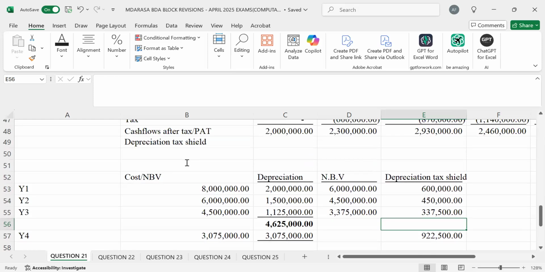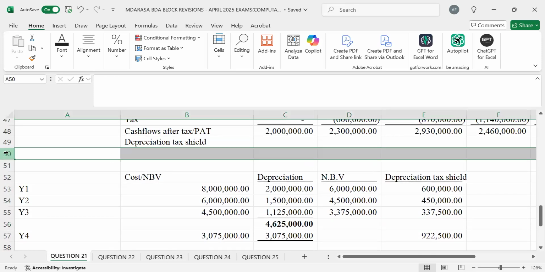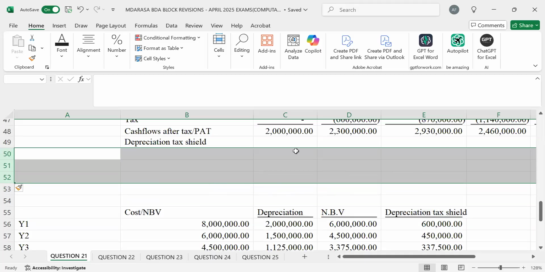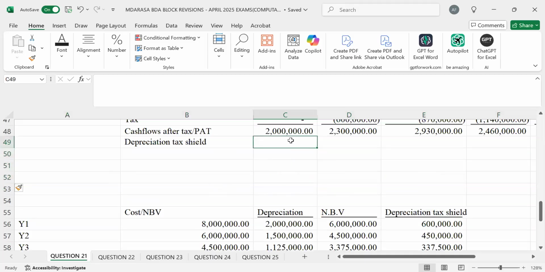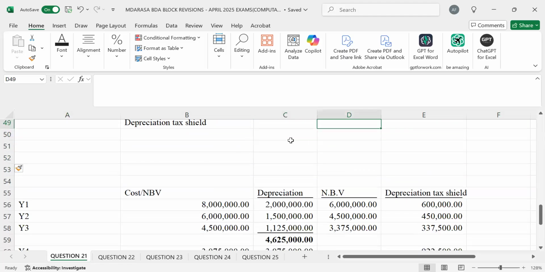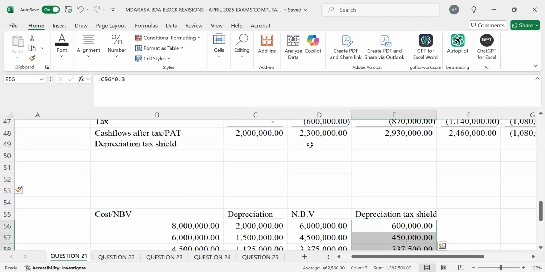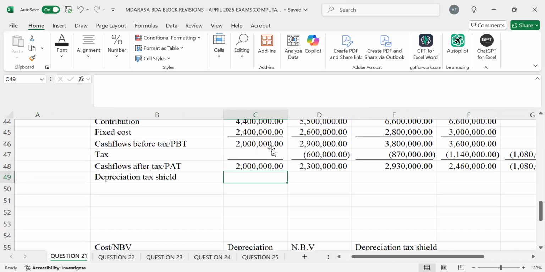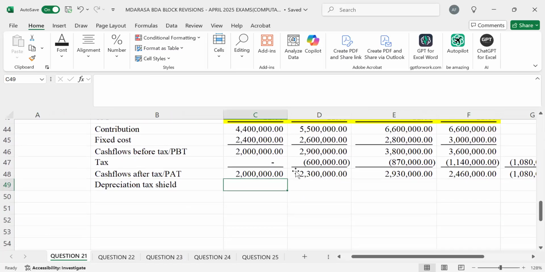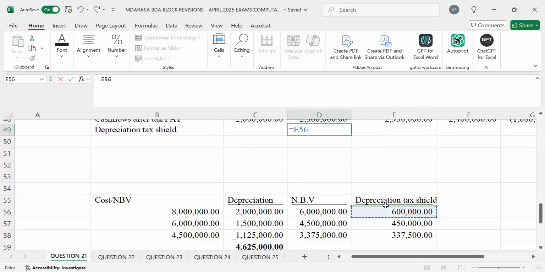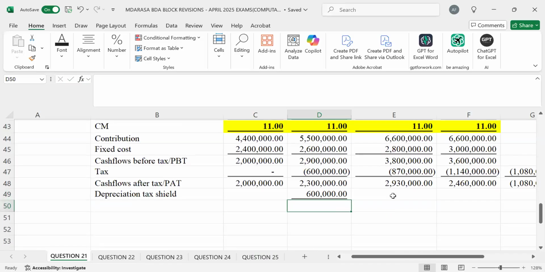So having our depreciation tax shield, we know very well that this will go hand in hand with the aspect of tax. Therefore, this will also be in arrears. So the value for year 1, depreciation tax shield, you're going to have it in year 2.